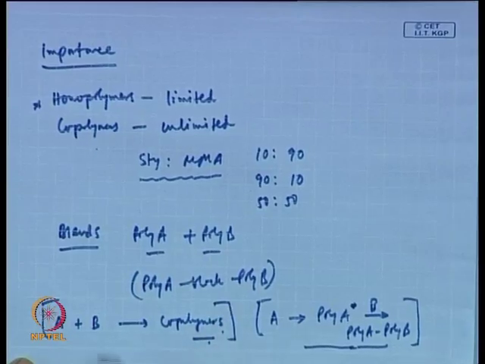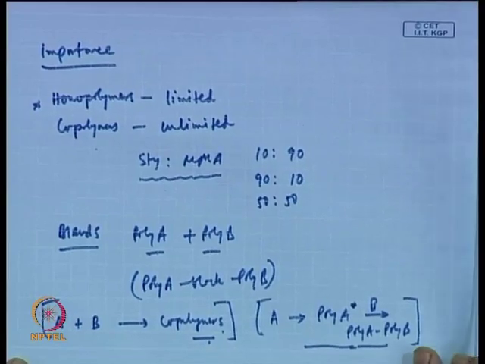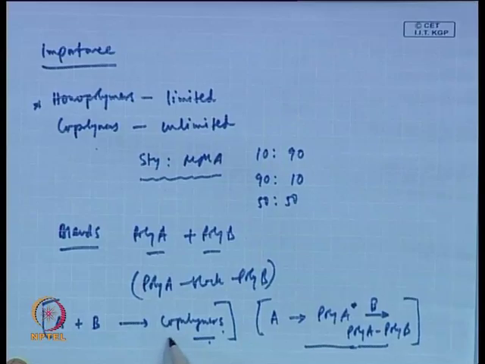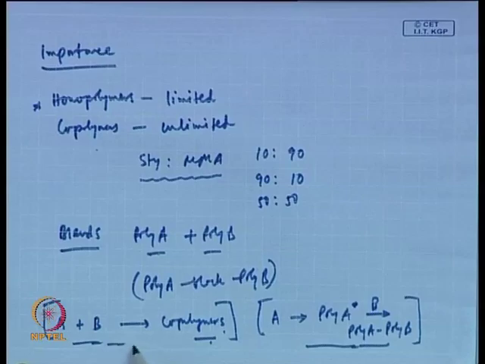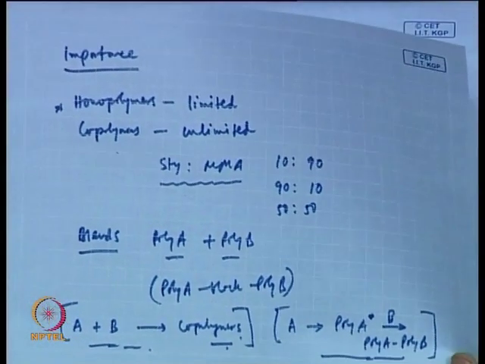We will be mainly or exclusively discussing the copolymers where you start with a mixture of two monomers and then synthesize the copolymer, and in this case, as we will see, making block copolymer by this method is difficult. So, we will discuss this process in coming pages.